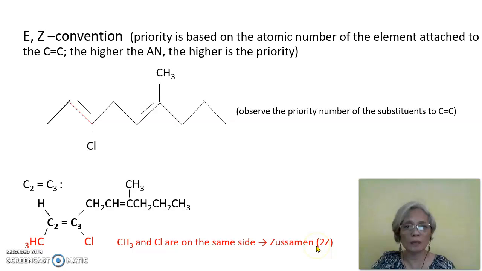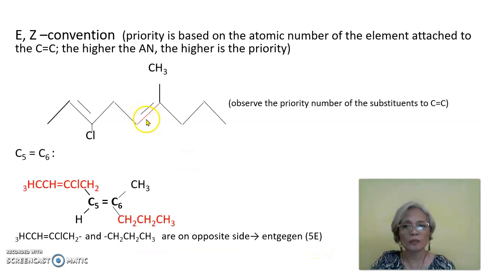So, 2Z. What about this double bond? Okay? So, we have C5 and C6. So, this whole thing is this one, and then we have hydrogen down there. Then this is CH3, and this whole thing, 1, 2, 3, is the propyl substituent.